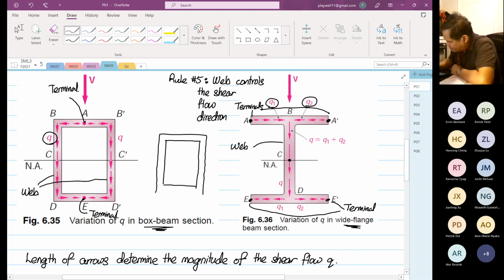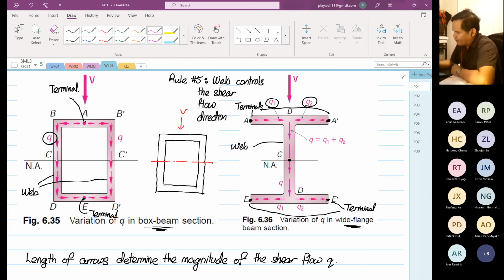So this is our box beam, and then we have our centroid, then we have our V. The first thing we do when we construct the shear flow is apply rule number 5: the web controls the shear flow direction. Because V is coming from the top, this is how your shear flow comes down.